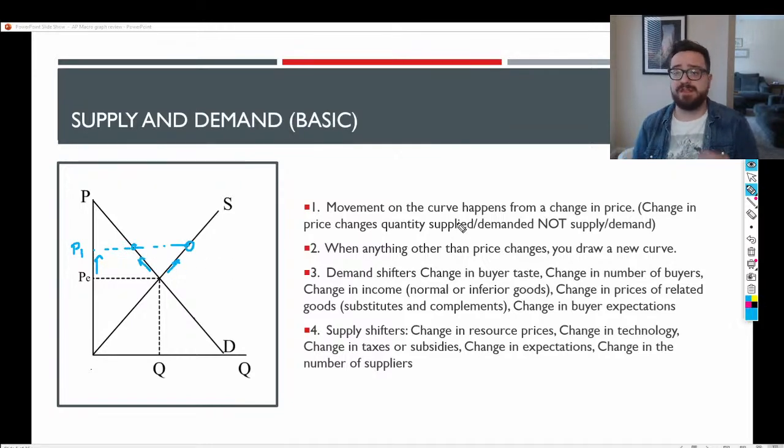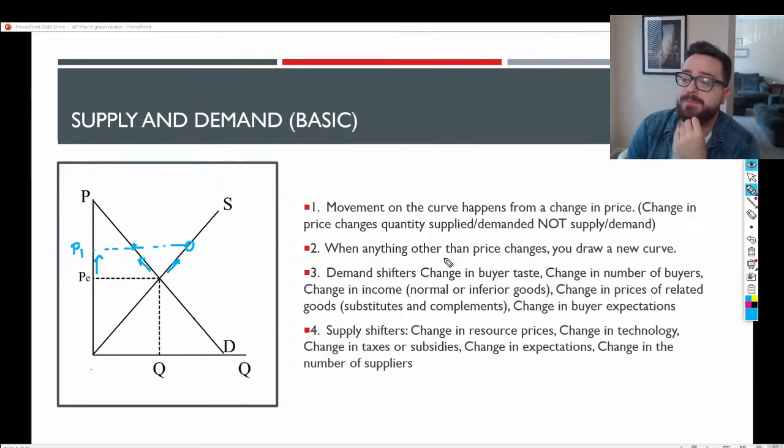Which is changing the quantity supplied, this was here, is now here, and the quantity demanded, this was there, not there. Basically, when price goes up for a good, it changes the amount of the good you'd like to buy or the amount of the good the business would like to produce. It doesn't change your desire for the good or the business's desire to produce and sell it.